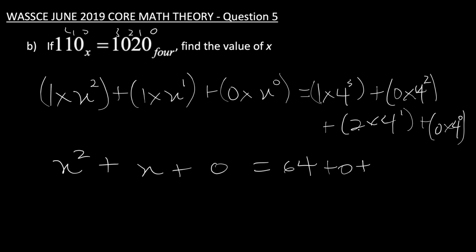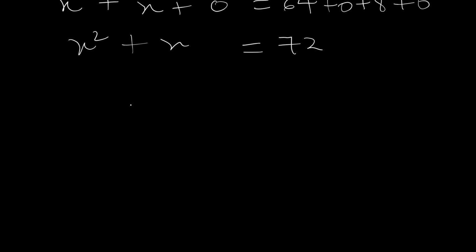So plus 4 times 2 is 8, plus 1 times 0 is 0. So our x squared plus x will be equal to 72. Now this can be written as x squared plus x minus 72 is equal to 0.